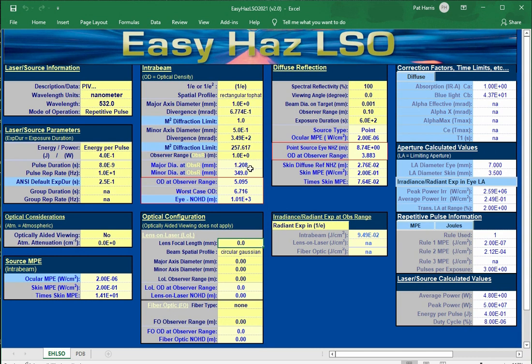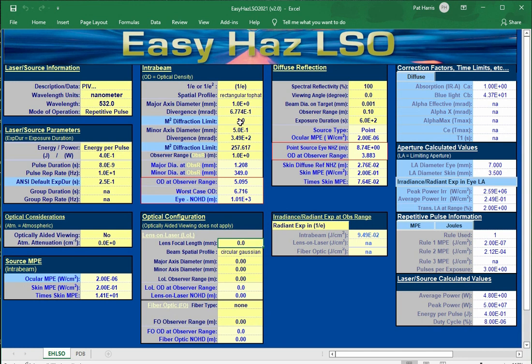And then you can go about and do the hazard analysis, take a look at wherever you'd like the observer to be standing, figure out the OD. You may just want to go to the worst case OD. We have an NOHD from this particular laser of about 1,000 meters. You'd say, well, that doesn't seem possible. Understand that this is a whopping pulse in this thing.